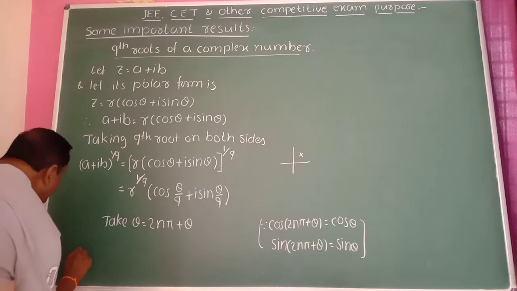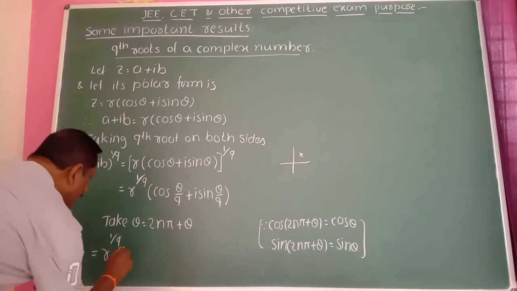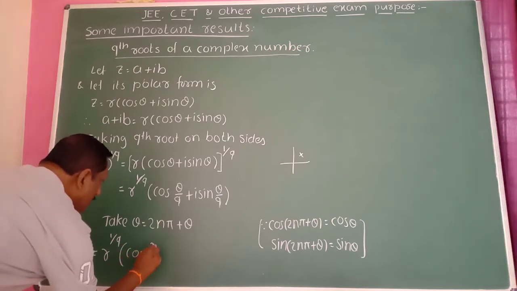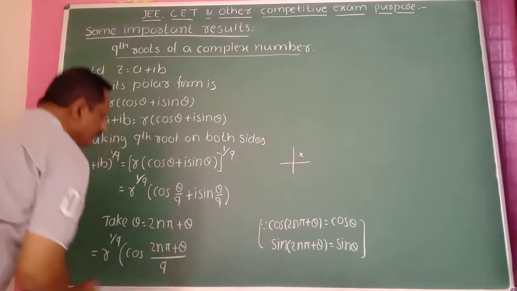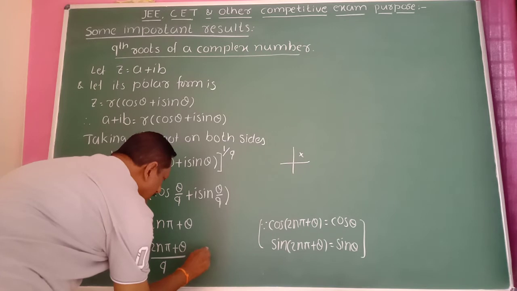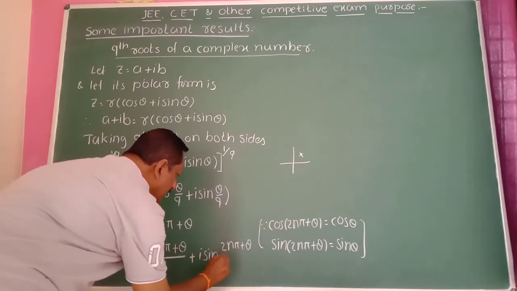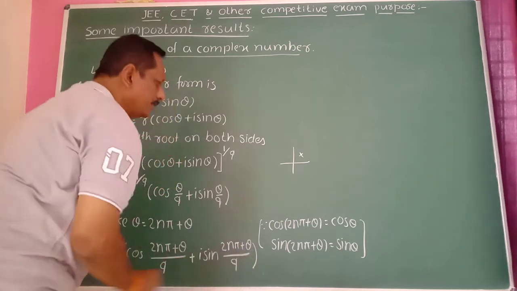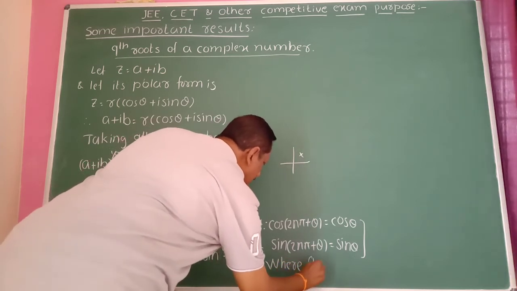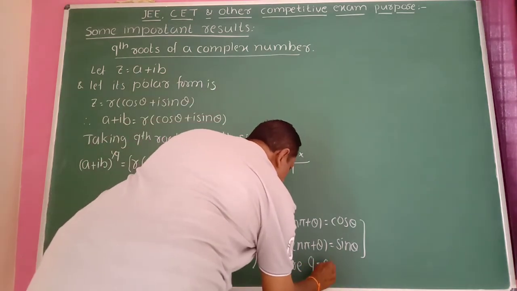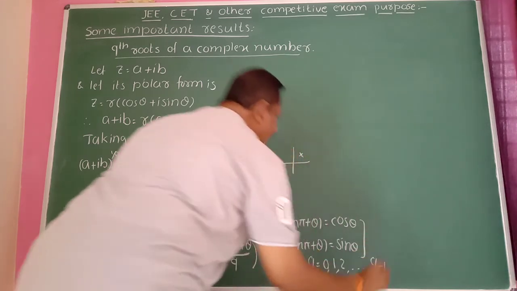Therefore, this is equal to r raised to 1 divided by q into cos of (2n pi plus theta) divided by q plus i into sin of (2n pi plus theta) divided by q, where n is equal to 0, 1, 2 and so on up to q minus 1.